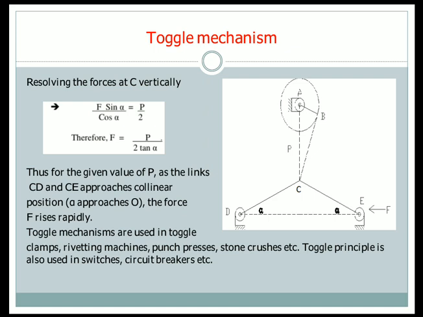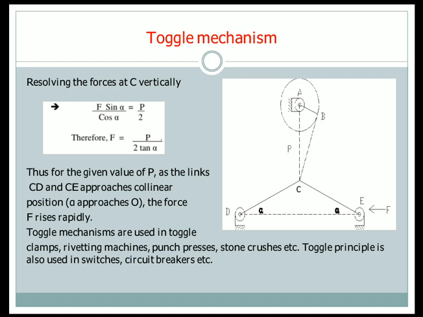When the link AB is rotating and when it is vertical, it will coincide with the link AC, so I will consider P by 2. Therefore F is equal to P by 2 times the ratio of cos alpha divided by sin alpha. Sin alpha divided by cos alpha is tan alpha, so we send the tan alpha to the RHS. F is equal to P by 2 tan alpha.